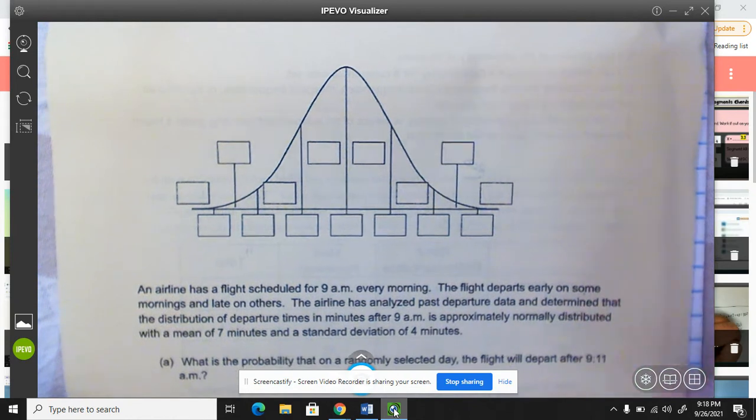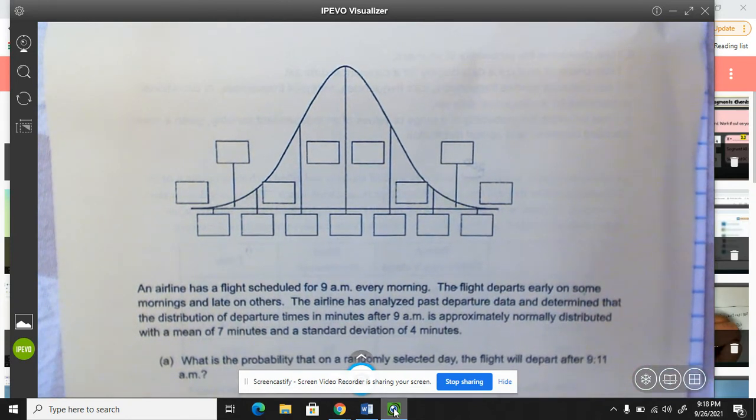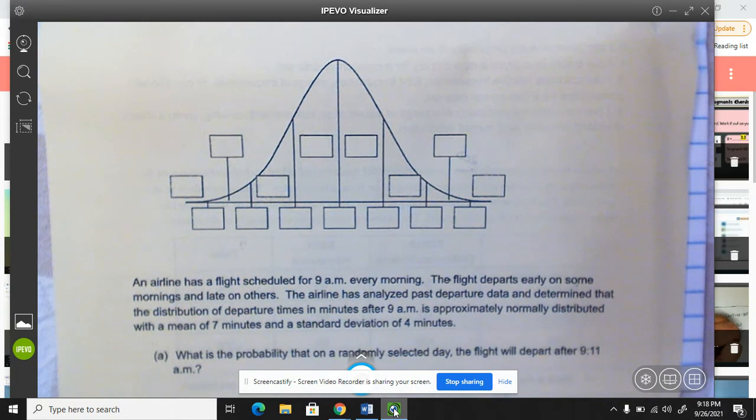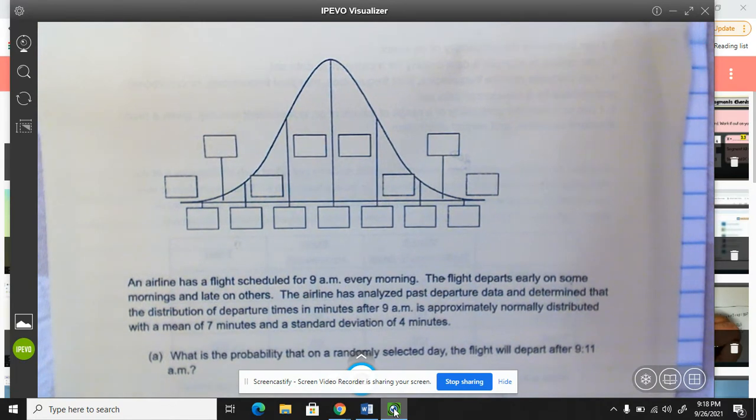An airline has a flight scheduled for 9 a.m. every morning. The flight departs early on some mornings and late on others. The airline has analyzed past departure data and determined that the distribution of departure times in minutes after 9 a.m. is approximately normally distributed with a mean of 7 minutes and a standard deviation of 4 minutes.